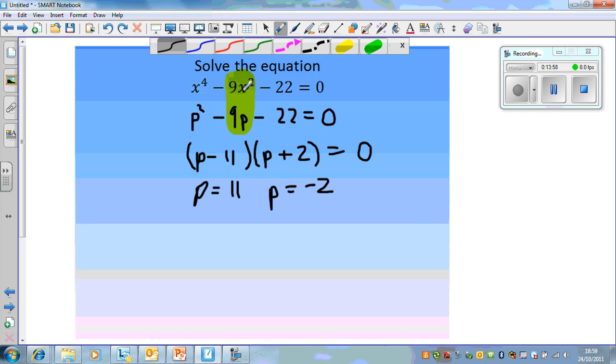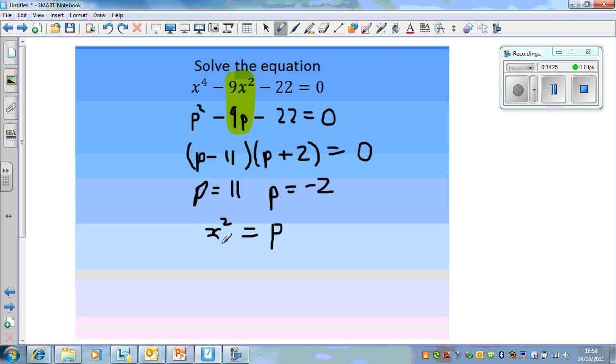We've disguised this x squared by calling it p. We said, okay, it looks a little bit like a quadratic, so it's a quadratic in disguise basically, and I've changed it to that. So basically my x squared is equal to p.